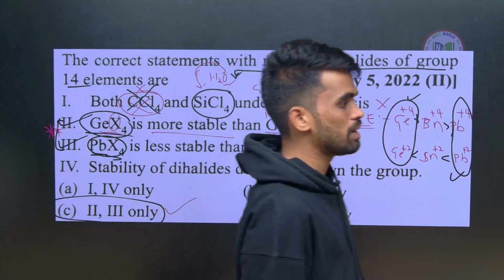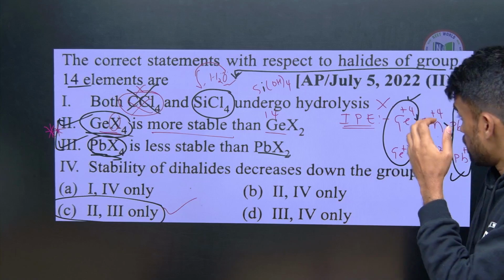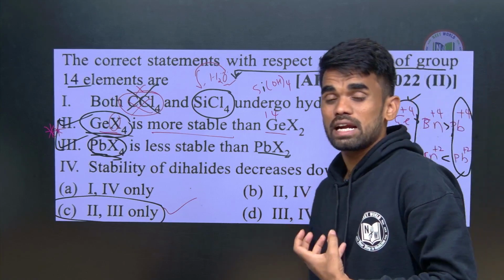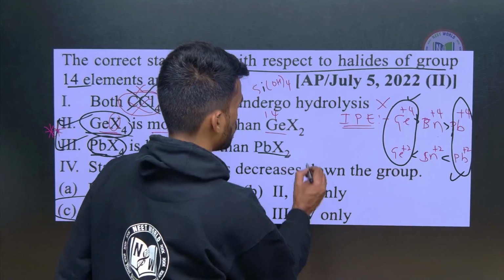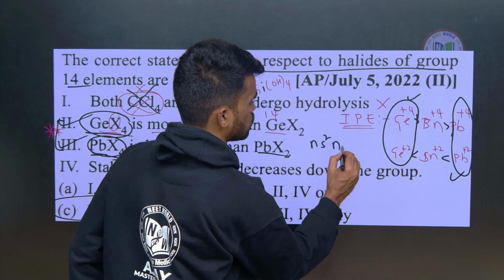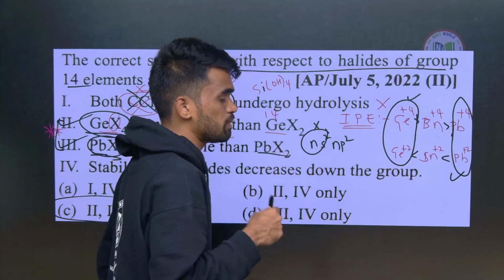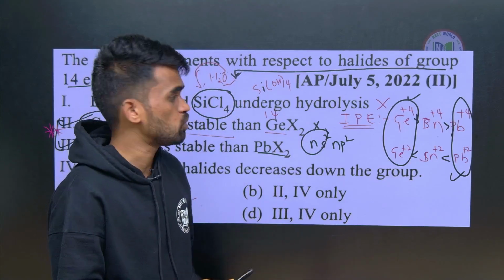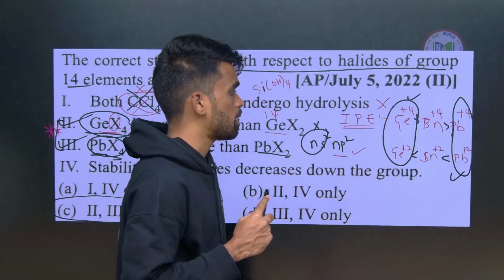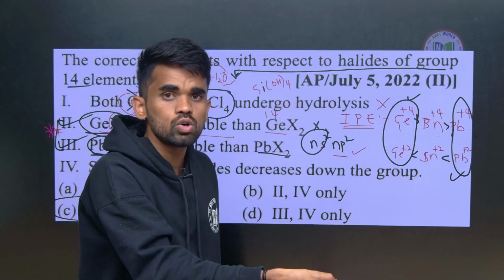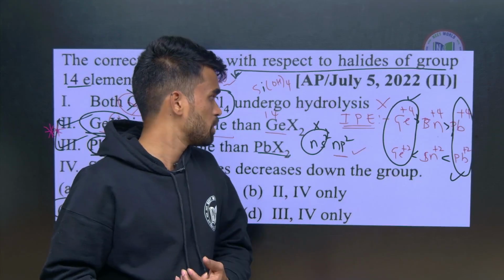So what do we mean by inert pair effect? It is the inertness of the ns pair electrons to take part in bond formation. For the 14th group we have ns2 np2 electronic configuration, right? So these ns electrons do not participate in the chemical reaction. That is what the inert pair effect says. Only the p electrons will take part in chemical reactions as we move down the group for the 13th, 14th, 15th groups, I mean for these p block elements.